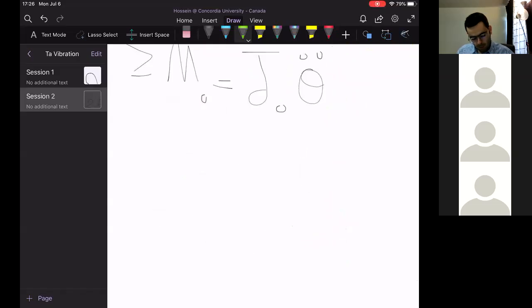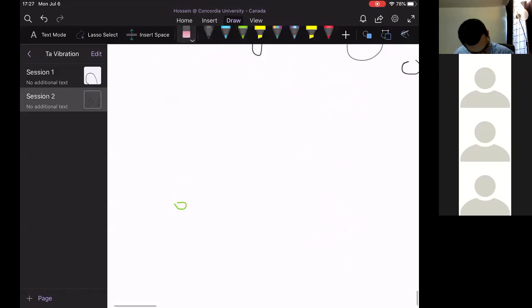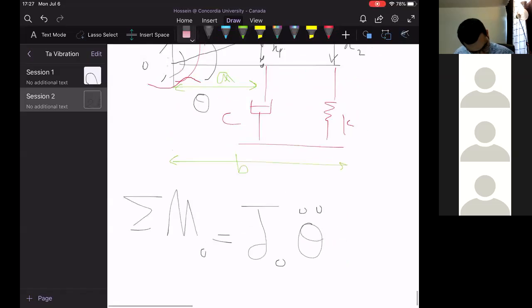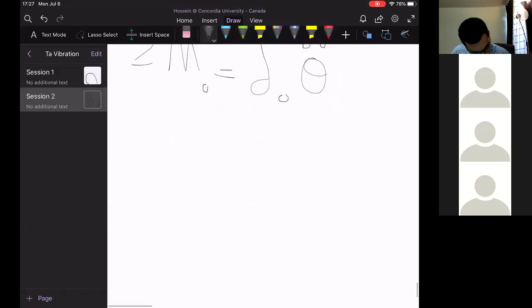The first moment is due to the damper force, so force multiplied by the related arm.